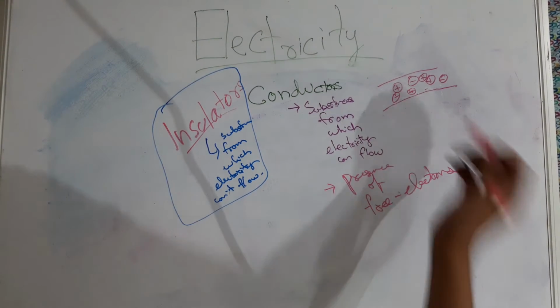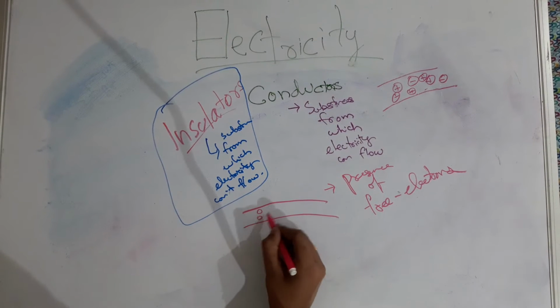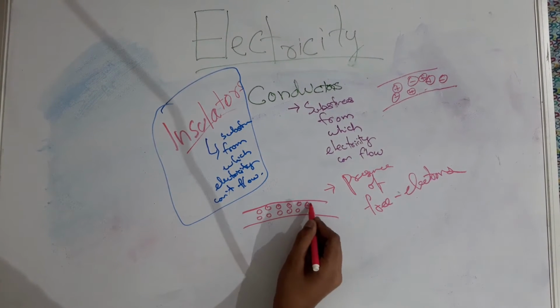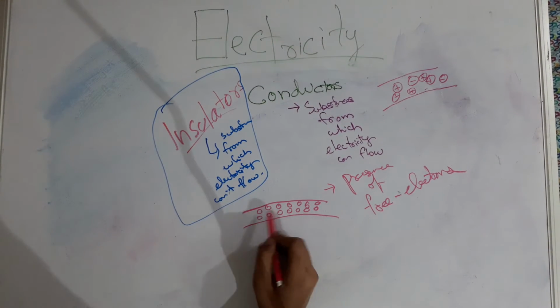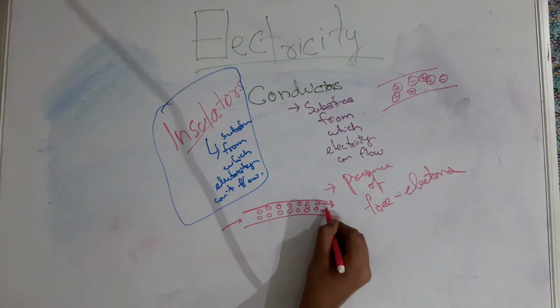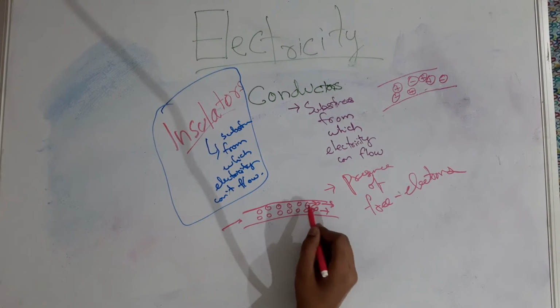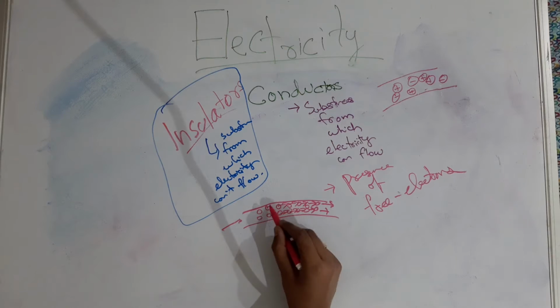Now let's suppose this is a wire and these are electrons. I'm not drawing protons for easiness. So this is a wire, a conductor, through which electricity is passed. Then all the electrons will move in the same direction, like this.